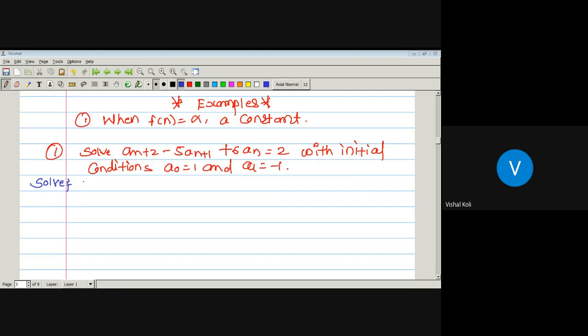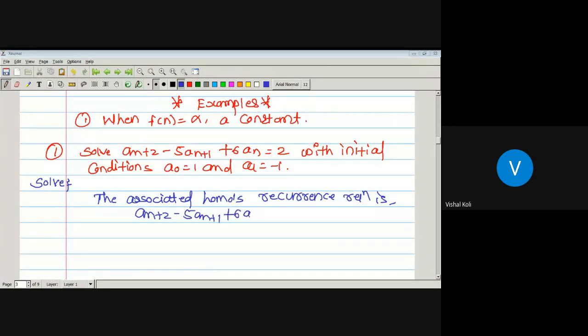What should be the corresponding homogeneous solution? C1 times 3 raised to n plus C2 times 2 raised to n. Yes, the associated homogeneous recurrence relation is a(n+2) minus 5 times a(n+1) plus 6a(n) equal to 0.